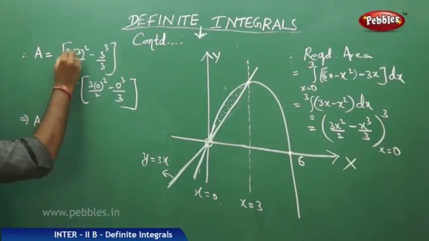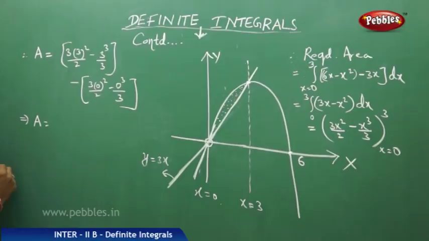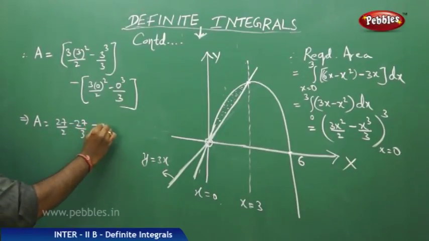That implies A is 3 times of 3 squared, that is 3 cubed by 2 minus 0.